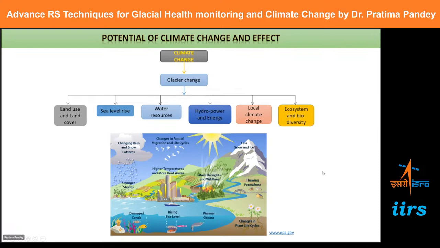Since the climate is changing, as we have seen from temperature and precipitation, we also saw that any change in climate is reflected in the glacier.